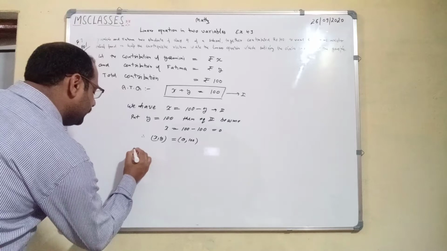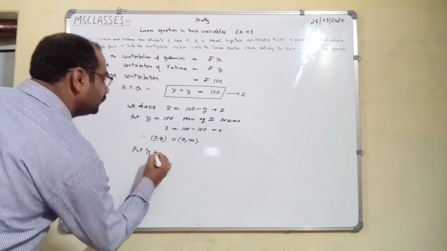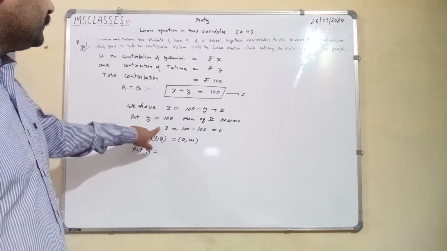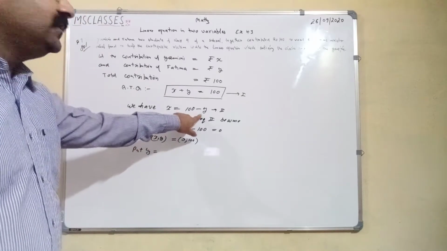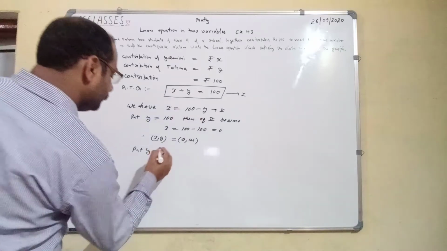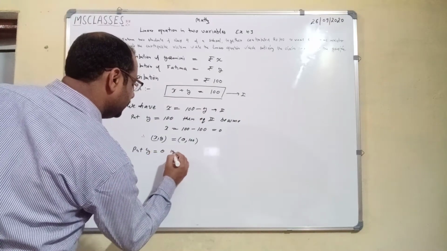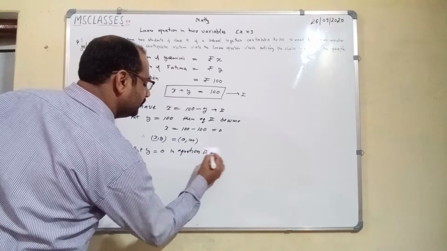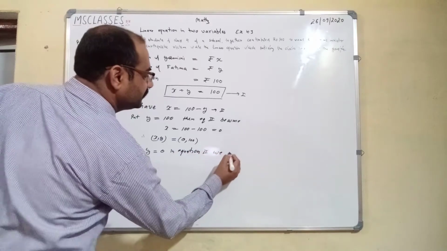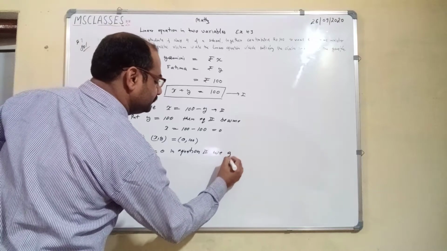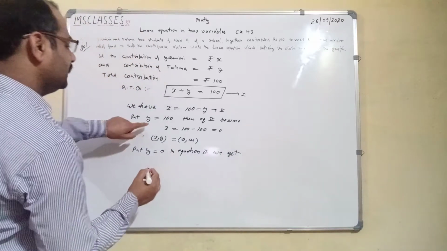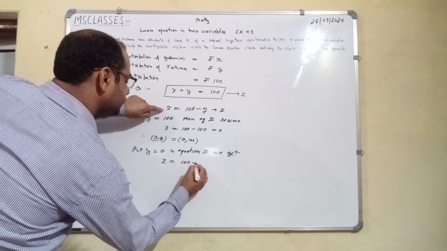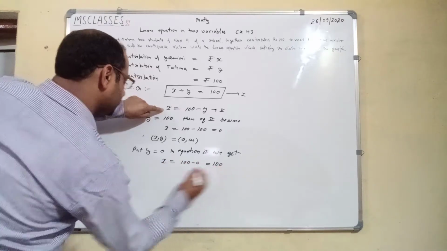Now guys, this is a very important question. Put Y is equal to 0 in equation 2. We get X is equal to 100 minus 0 is equal to 100.